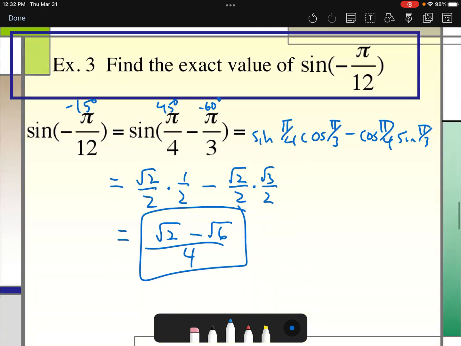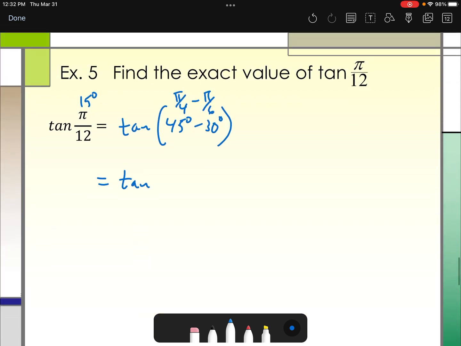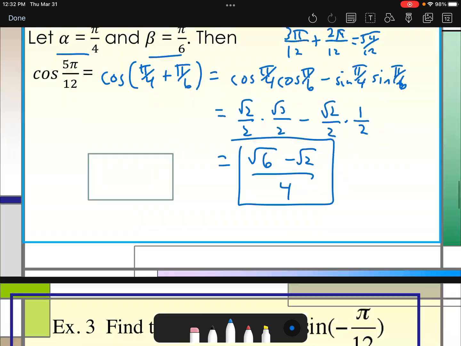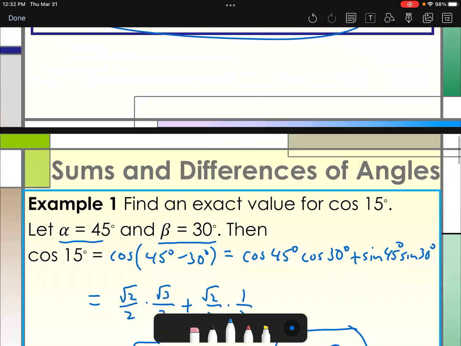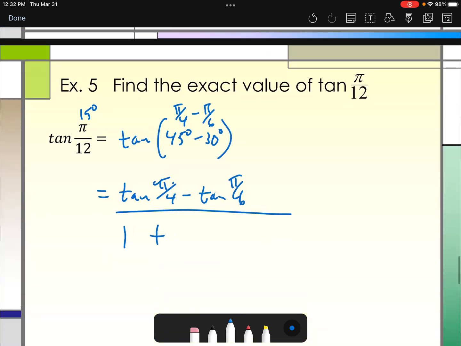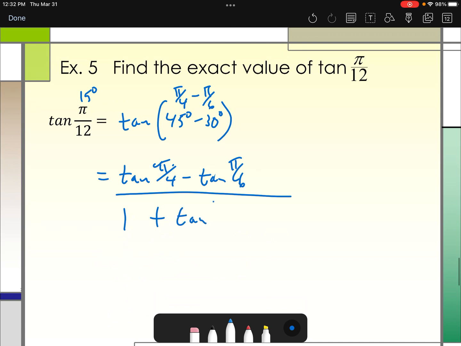So the tangent of alpha minus the tangent of beta. So the tangent of pi over 4 minus the tangent of pi over 6 over 1 plus, I believe, tangent alpha, tangent beta. Now that's multiplication.